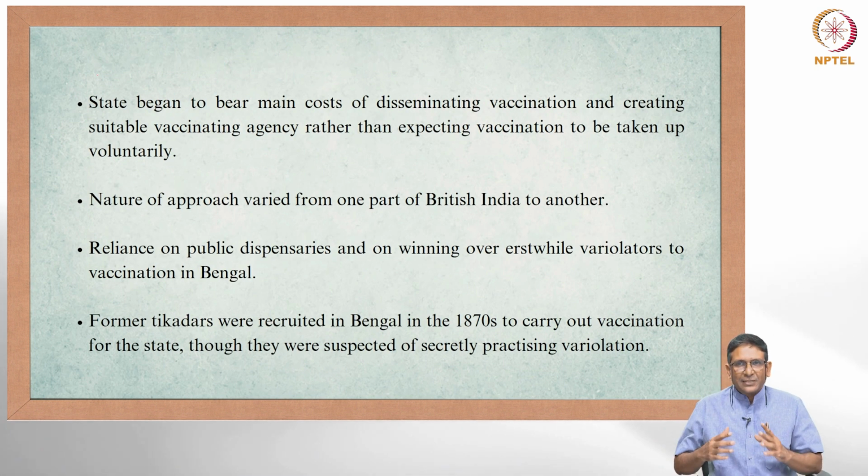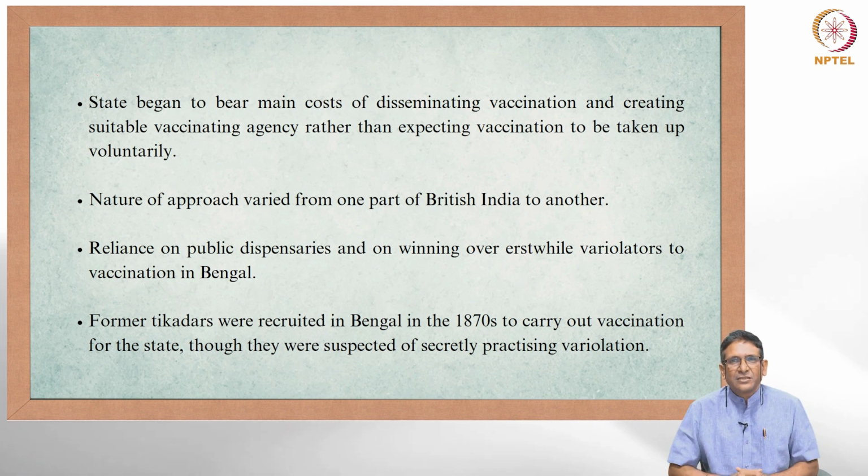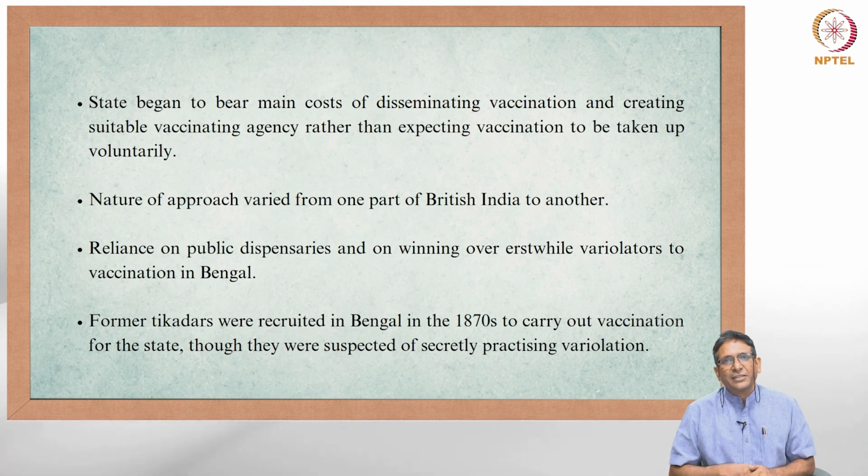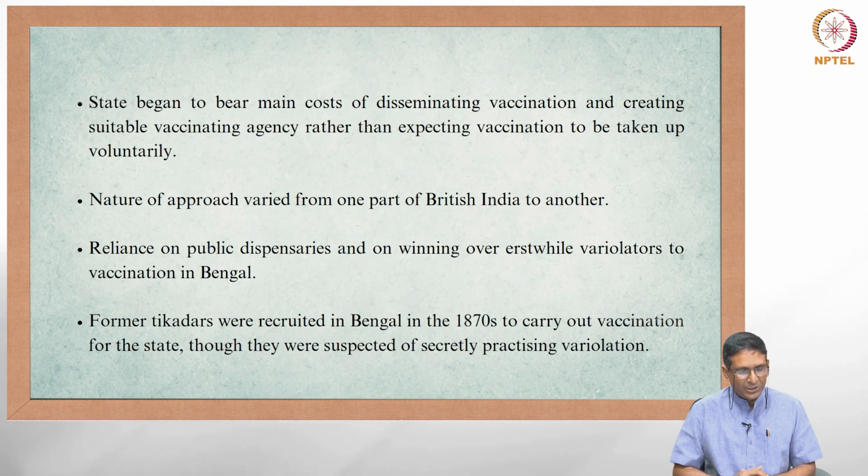And as a supporting measure, the state was to bear the costs of distributing the vaccines and to create a suitable vaccinating agency, rather than expecting the people themselves to take it voluntarily and proactively, because the nature of the approach varied from one presidency to another, or one province to another in British India.